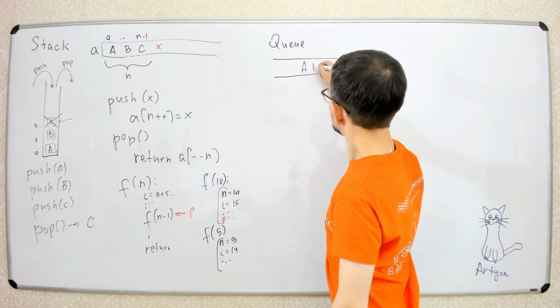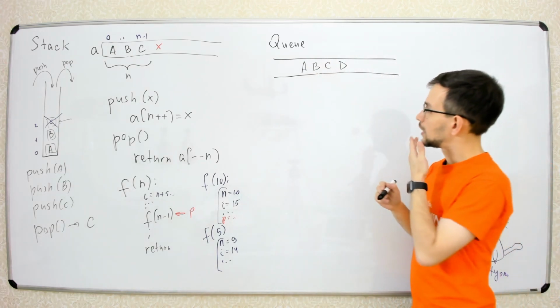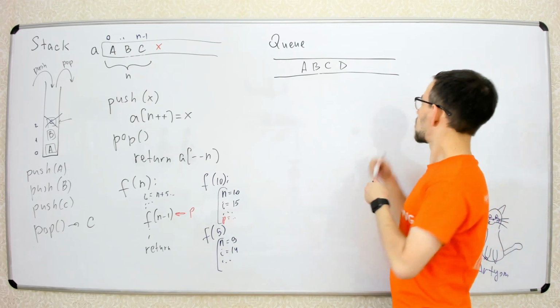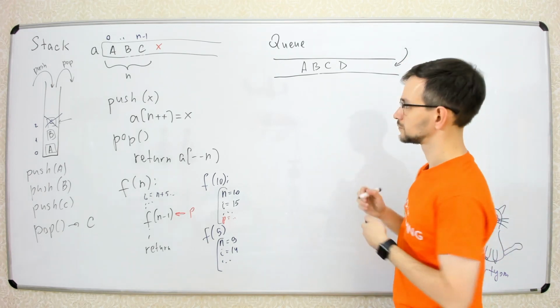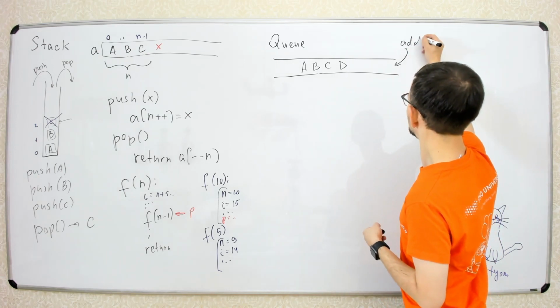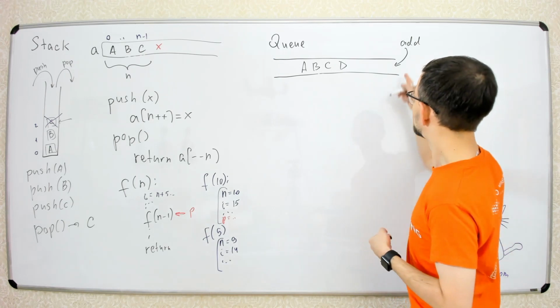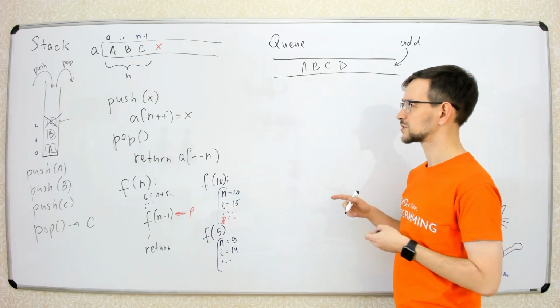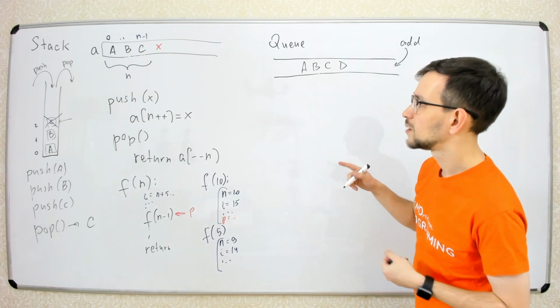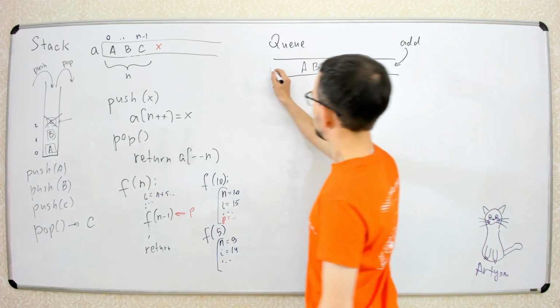Let's say A, B, C. And you put the elements from one end. I'll just call it add. There are different names for this function. I'll just call it add because I cannot pronounce most of them. Add is a simple name. And you remove elements from here.